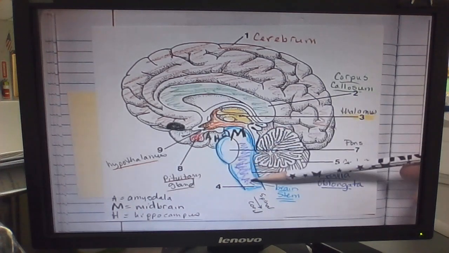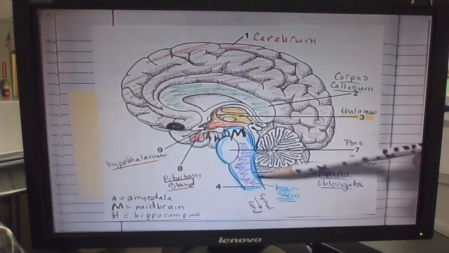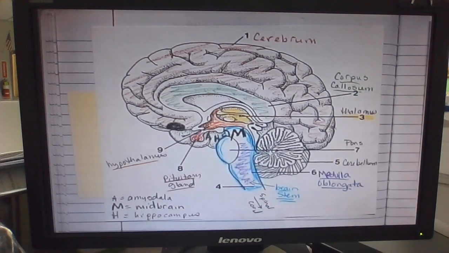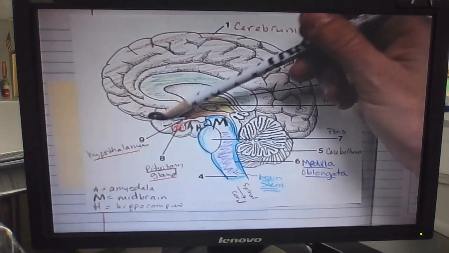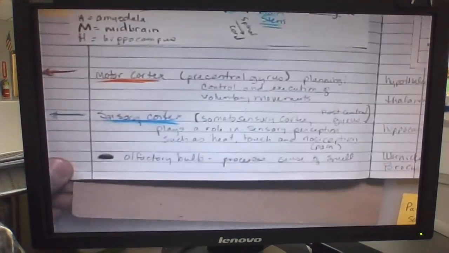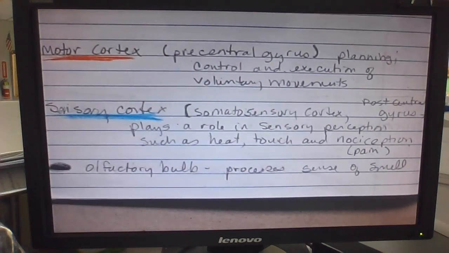The medulla oblongata then will turn into the spinal cord. I have this outlined in blue because it represents the brainstem. Oh, and olfactory bulb would be right here. So olfactory bulb processes the sense of smell.